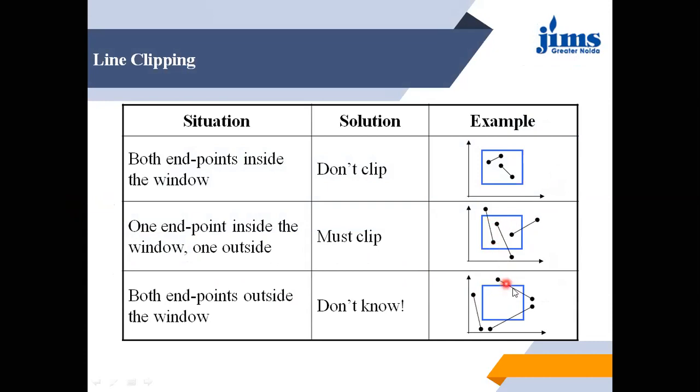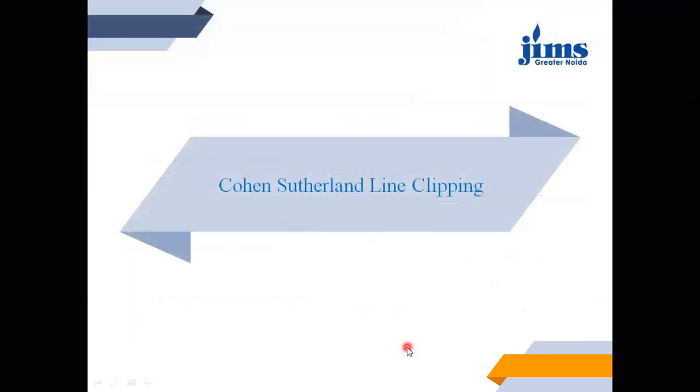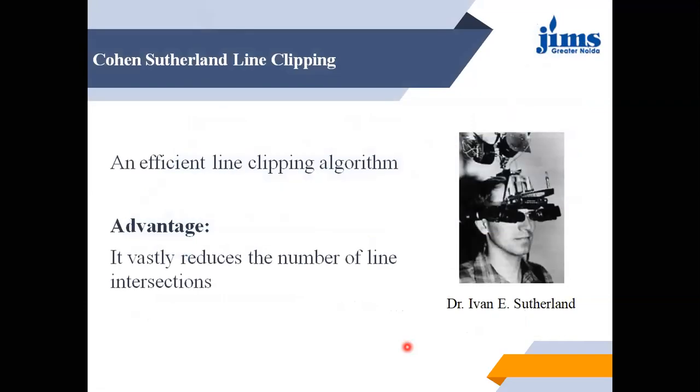Over here there are two intersections of the same line. So when we use the Sutherland line clipping algorithm, it reduces the number of intersections. It is devised by Dr.